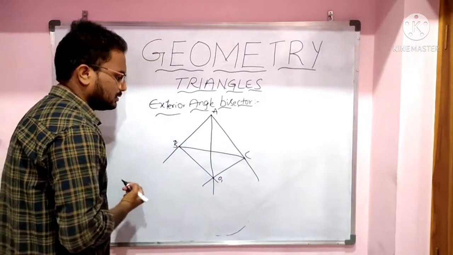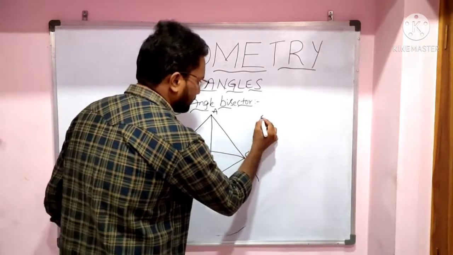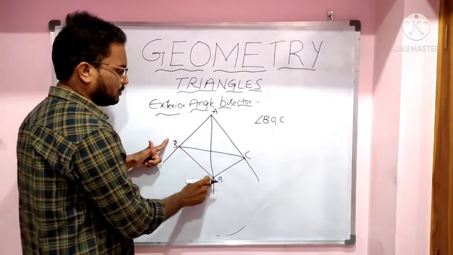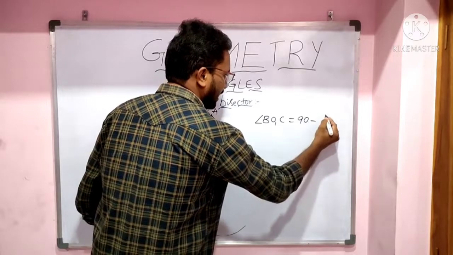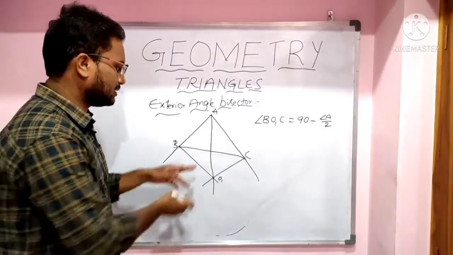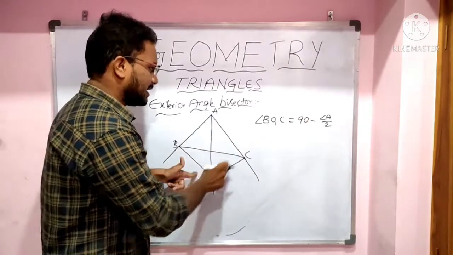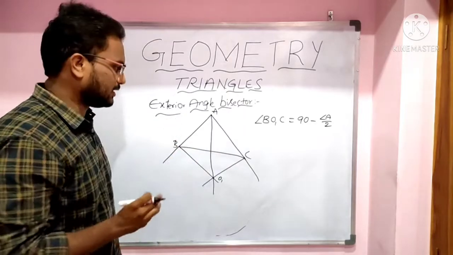So here angle BO1C is equal to 90 minus angle A by 2. In incenter it is 90 plus A by 2, but in excenter it is 90 minus A by 2. This is the difference between incenter and excenter.